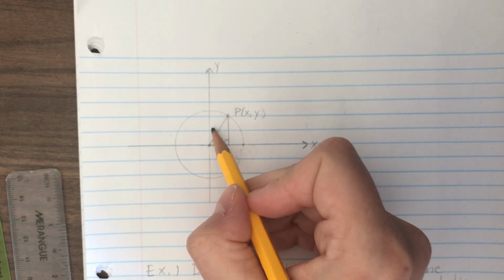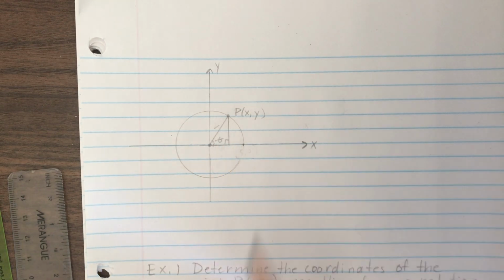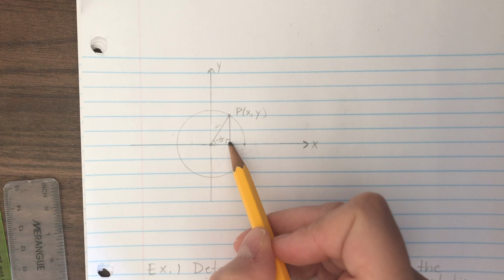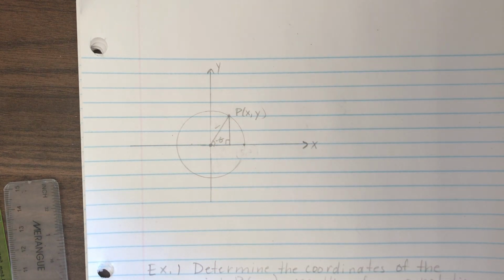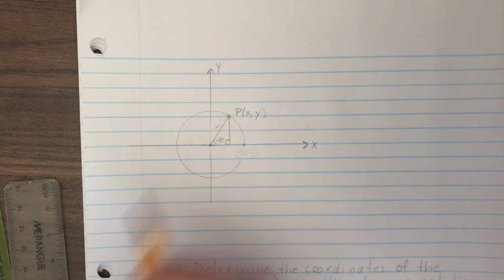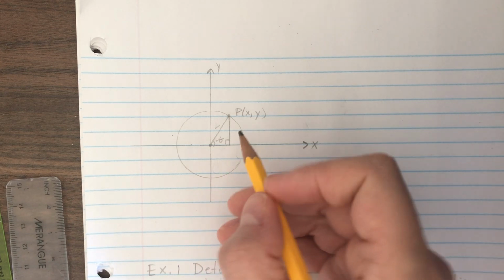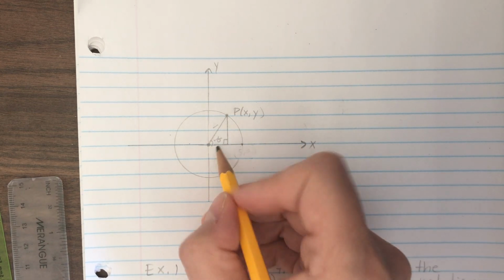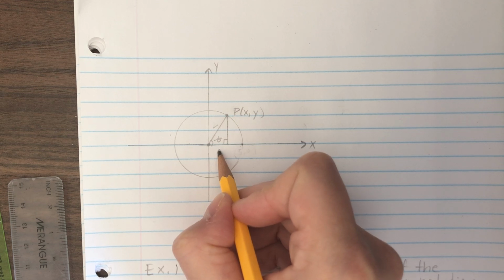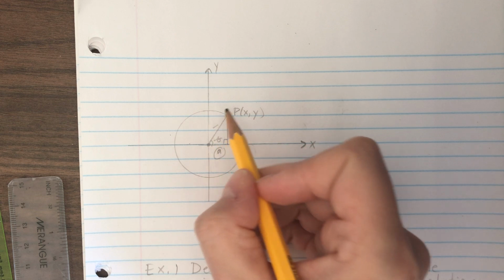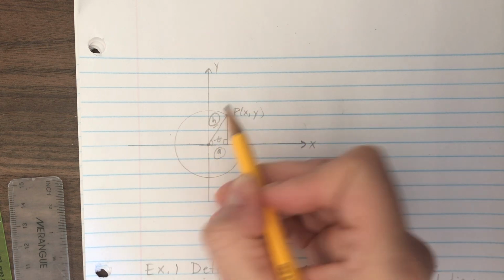So since we know the hypotenuse and we know the angle through which the point rotated, we can find these horizontal and vertical sides of the triangle using primary trig ratios. So if we're looking for the horizontal side, which would give us our x-coordinate, we would start by labeling it as the adjacent side in relation to angle theta, and then the radius will be the hypotenuse.